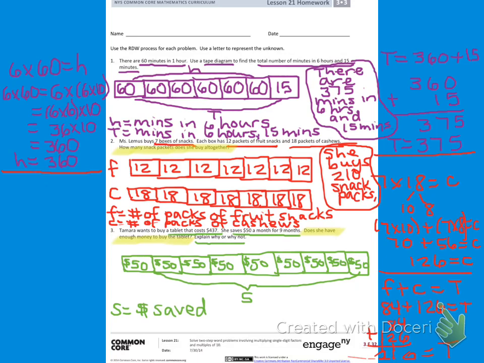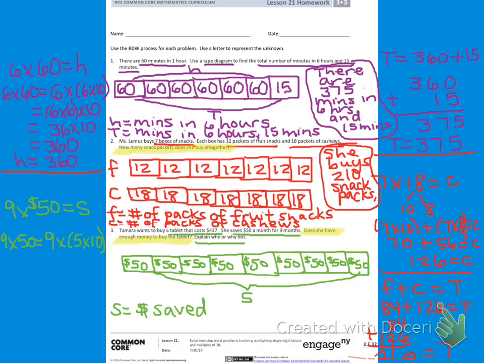All right, now let's write an equation. 9 groups of $50 equals S. So if I have 9 times $50, I think to myself, it sure is easier to count by tens or multiply by tens than 50s. So I'll go ahead and write it out this way. 9 times 50 equals, or is the same as, 9 times 5 times 10.